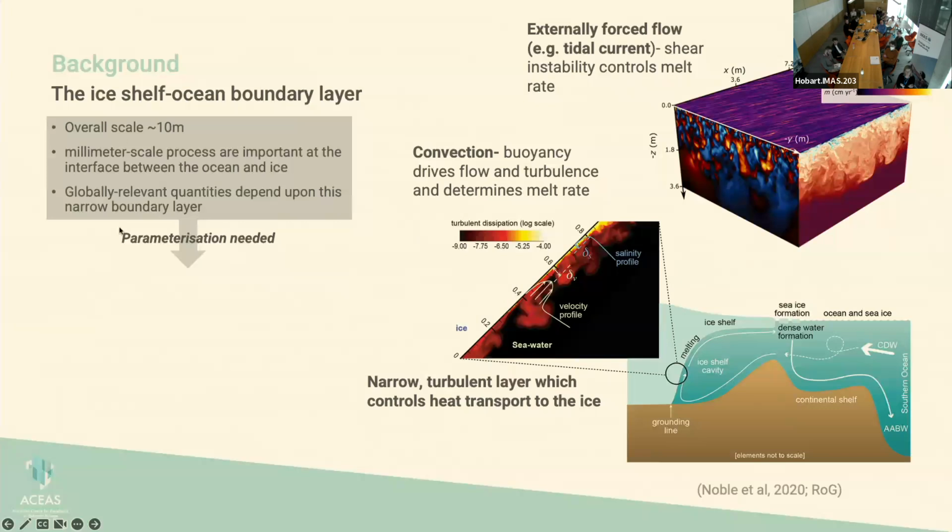So these are not processes that are included currently in ocean and GCM type models. They're all subgrid scale, we would say, so they operate on much smaller scales than the model grid size. That means we need some way to represent the effect of them in this model without explicitly including them. And that's where a parameterization comes in.